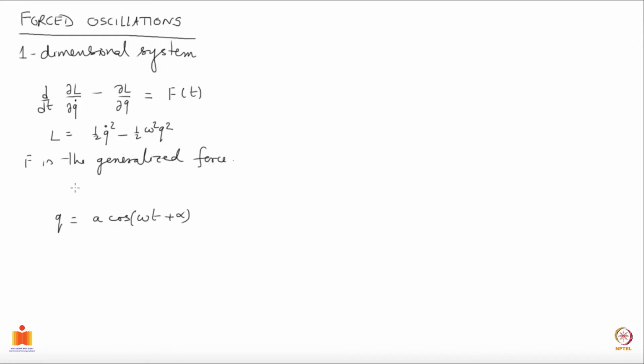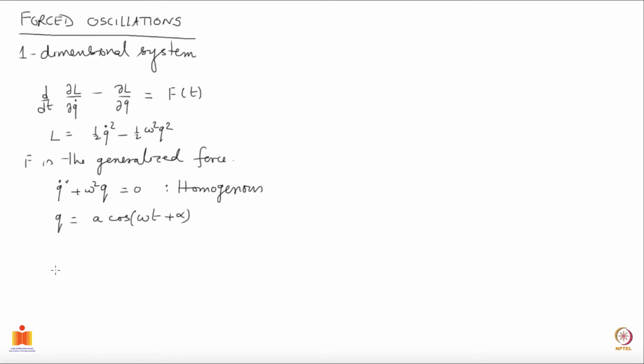And your equation of motion in this case is q double dot plus omega square q is equal to 0. And remember, this is a homogeneous equation.